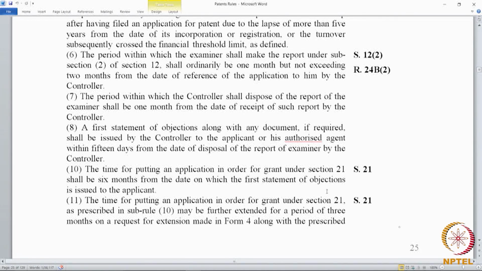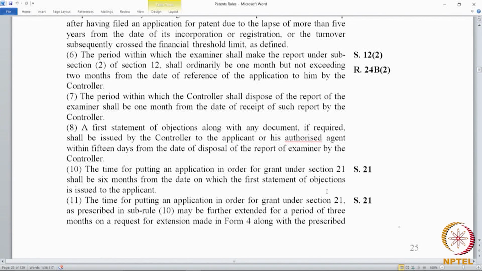Subrule 8 states that a first statement of objections along with any document, if required, shall be issued by the controller to the applicant or his authorized agent within 15 days from the date of disposal of the report of the examiner by the controller. Now, in 24B that was 1 month, that is now been reduced to 15 days.